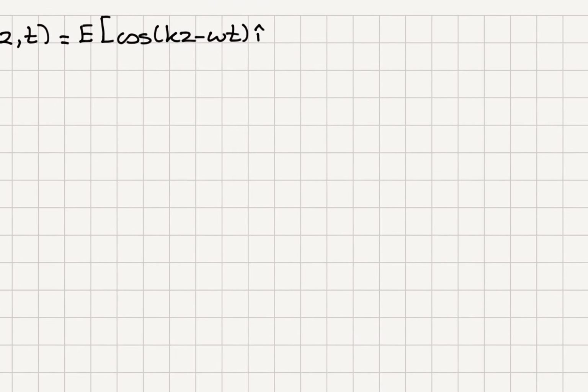We have, for the right circularly polarized wave, electric field given as a function of z and t in the problem statement as E cosine kz minus omega t i hat plus sine kz minus omega t j hat.